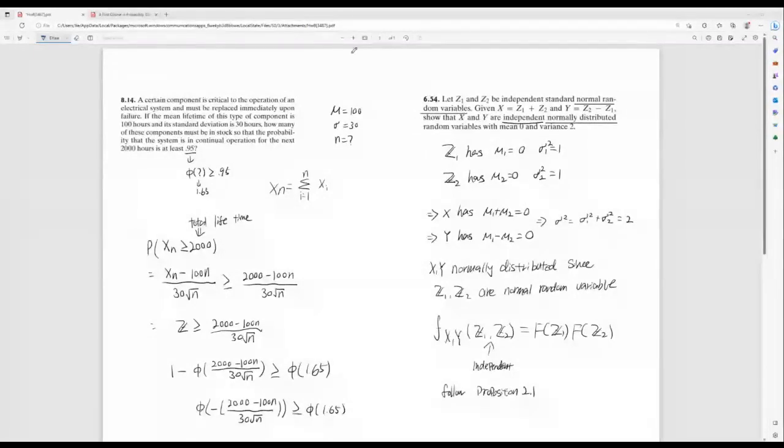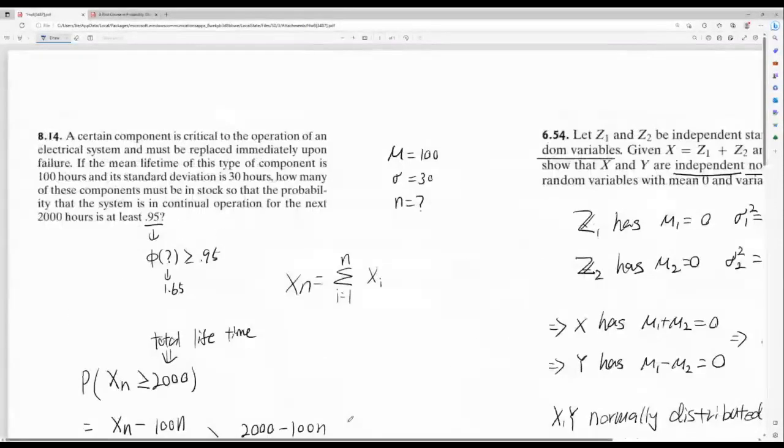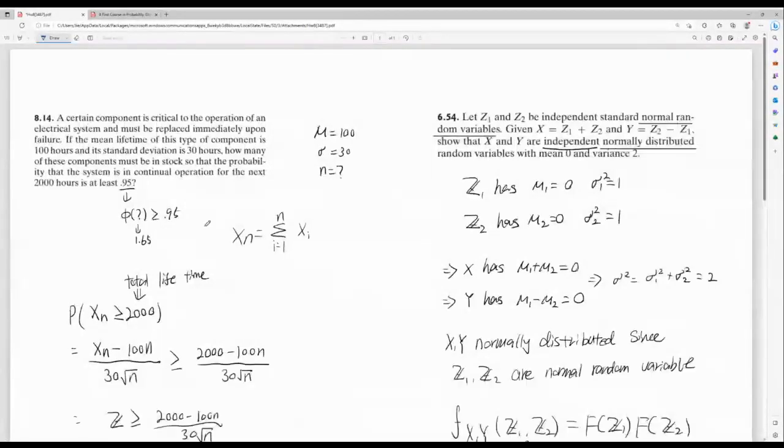Here's my screen. So I'm presenting two questions. The first one is from chapter 8, 14. A certain component is critical to the operation of an electrical system and must be replaced immediately upon failure.